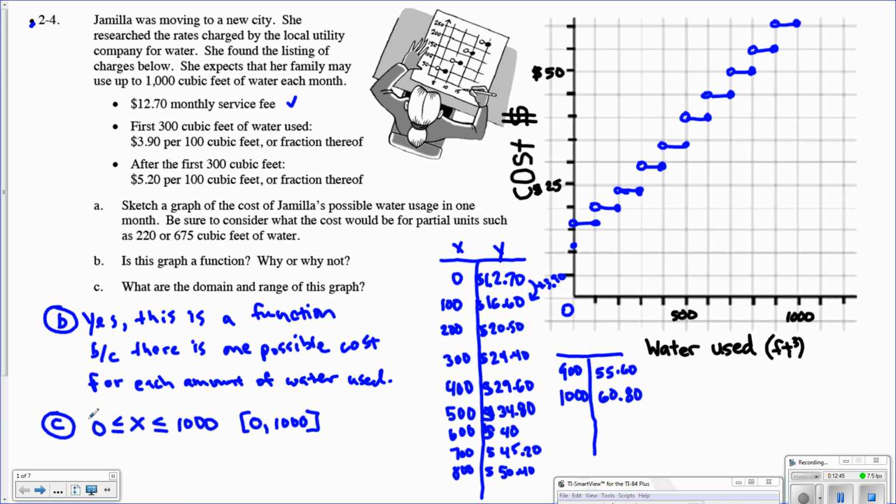We haven't really looked at a lot of ranges that look like this, but we could say these are going to be discrete values that go basically from $12.70 to, what was the next one we had there? $16.60.